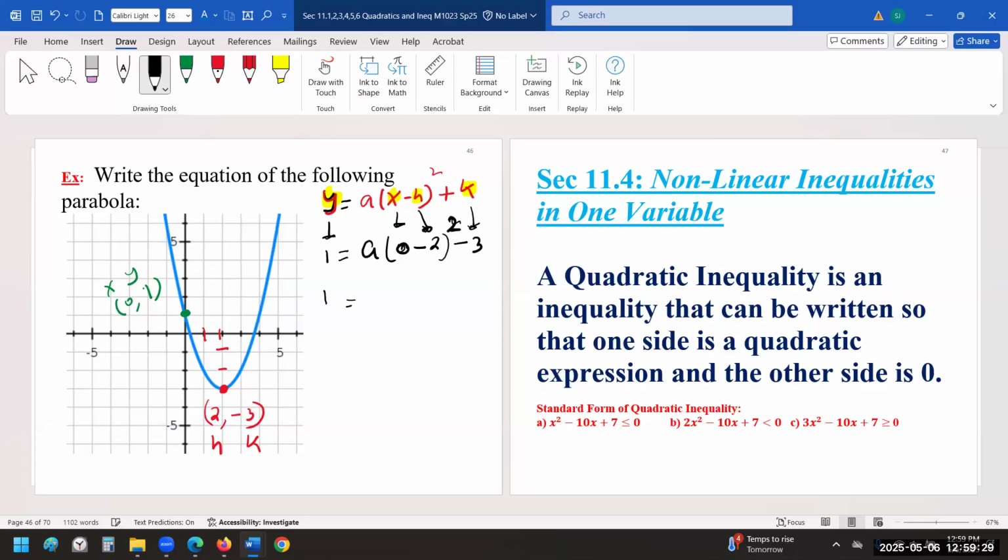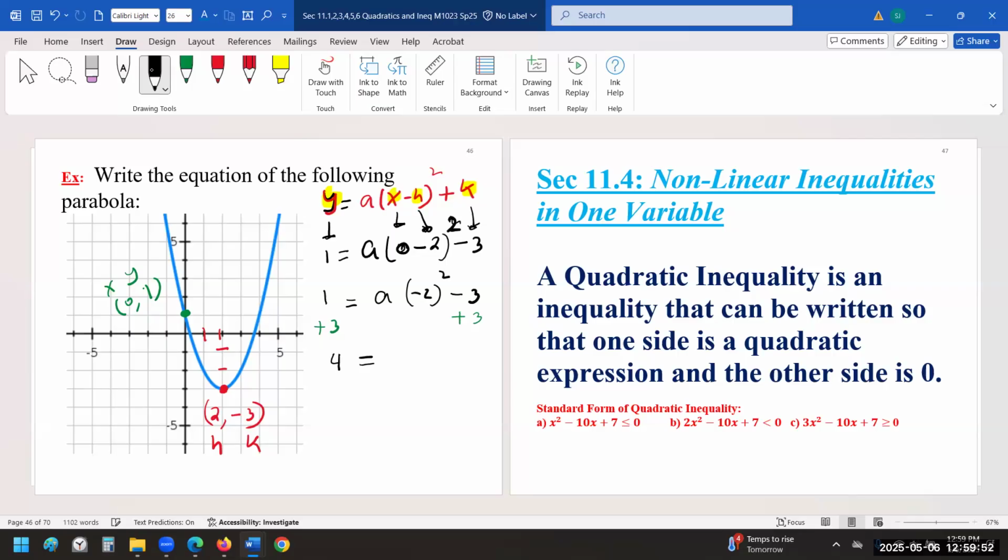So we get 1 equals a(0 minus 2) squared minus 3. Now to get the a alone, we need to get rid of the -3. So add 3 to both sides.